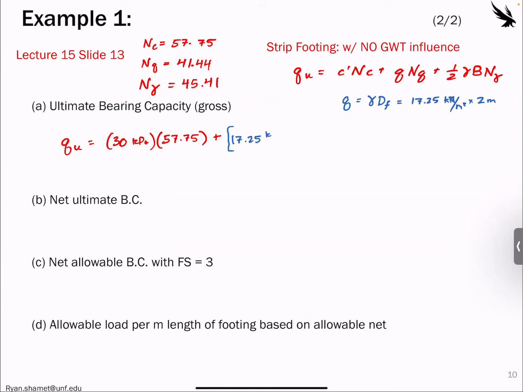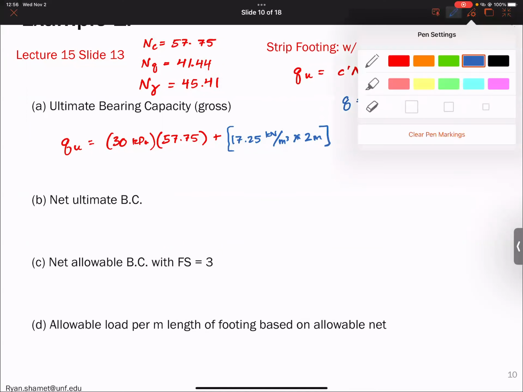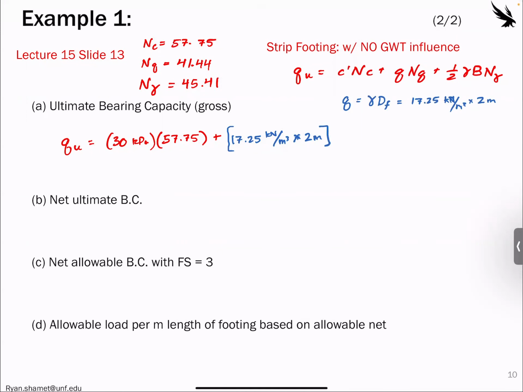So I'll just plug that in here so you can see: 17.25 kilonewtons per cubic meter times 2 meters, and then we multiply it by our Nq. And the rest of it here, 17.25 kilonewtons per cubic meter times the base, which was what, 3 meters?